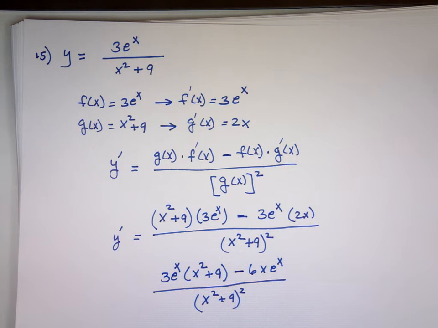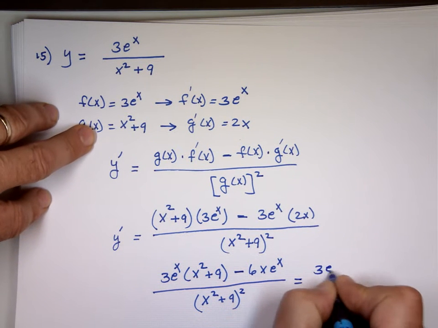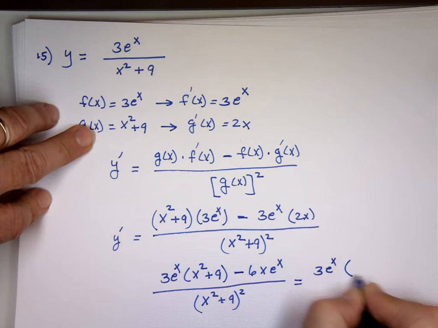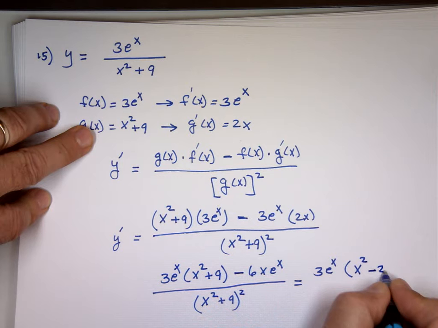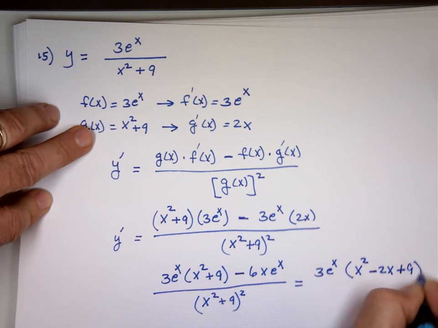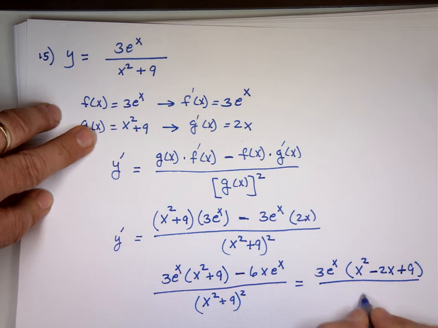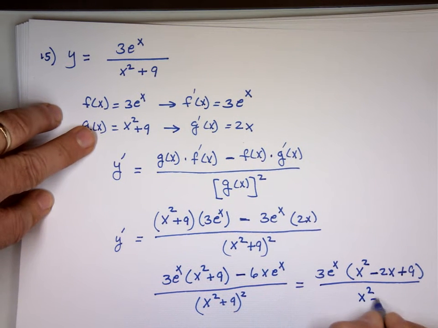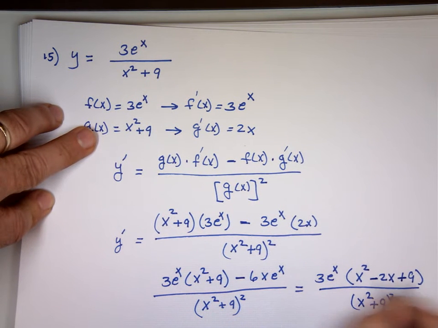Me personally, I would probably factor out 3e to the x. Because if you factor 3e to the x, what's left? X squared minus the 2x plus the 9. And the reason I wanted to pull that out is because I was thinking maybe I could factor this, and who knows, maybe something will cancel with the bottom.